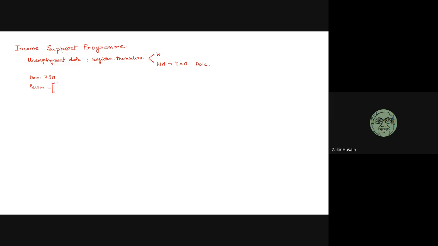He can join the labor force. In that case, he will get W into L, or he will not work. L is equal to 0. In this case, he is going to get 750. Okay. So let us see that W is 15.